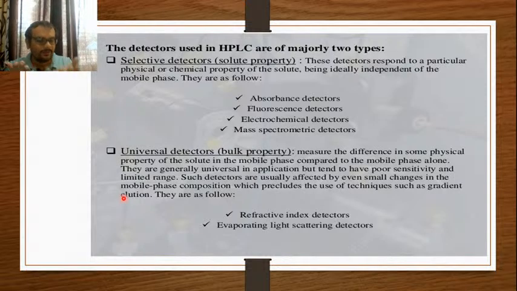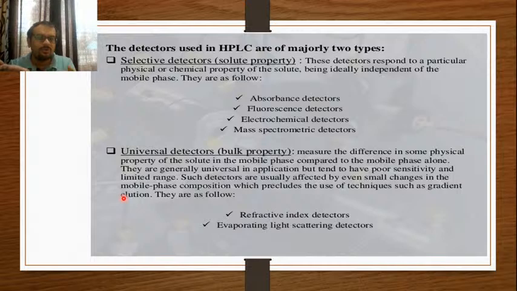It means that if you change the mobile phase composition slightly, the detection gets changed, so the detector system gets hampered. If your universal detector system depends totally on the comparison between the solute in the mobile phase and a single mobile phase, that is a blank, what we can call a blank.